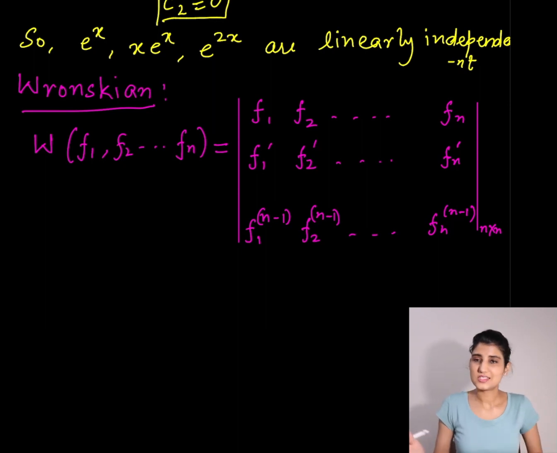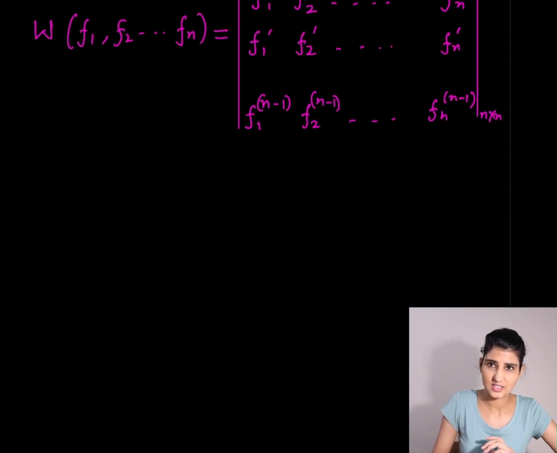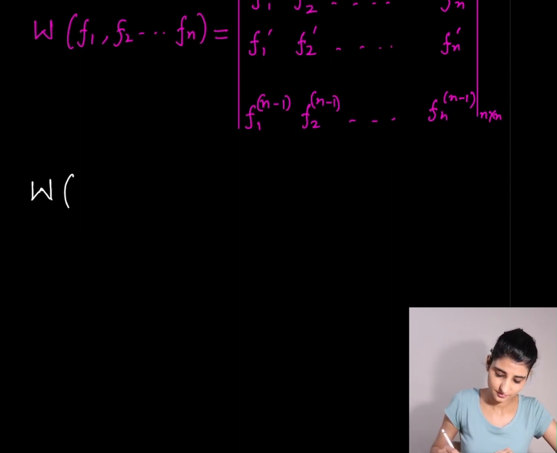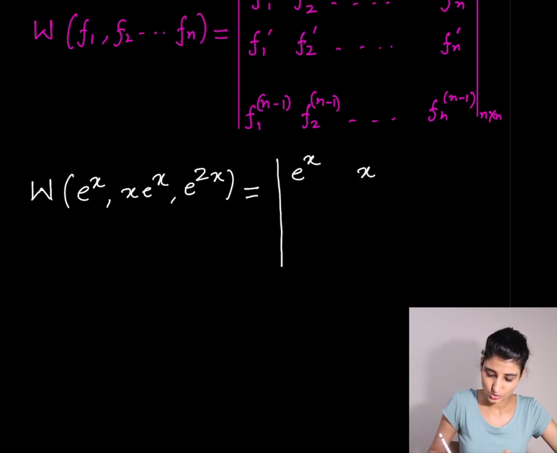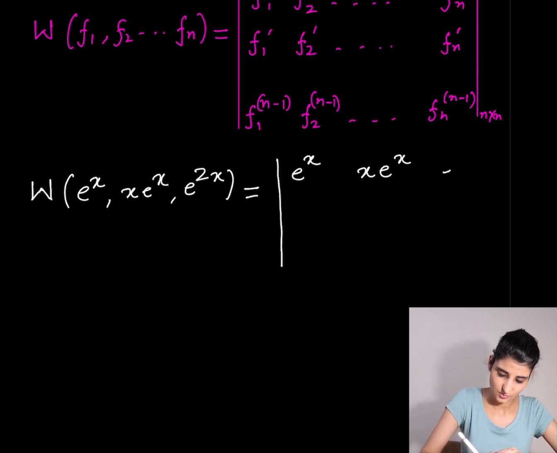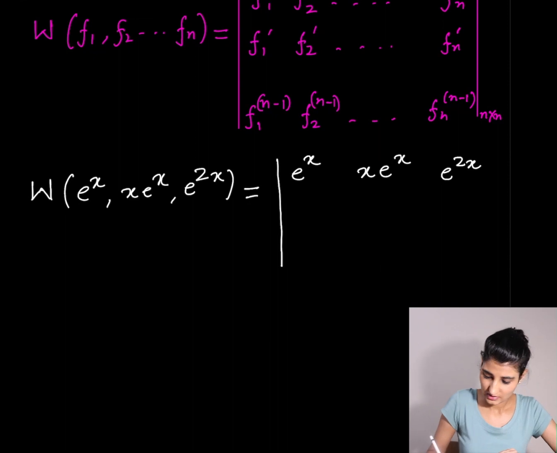Okay. Let's calculate the Wronskian of e power x, x times e power x and e power 2x. In the first row we keep them as it is: e power x, x times e power x, e power 2x.